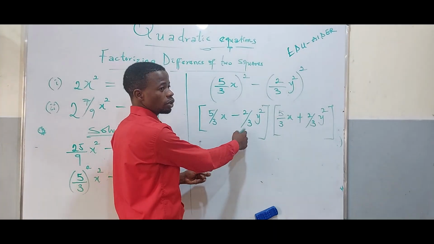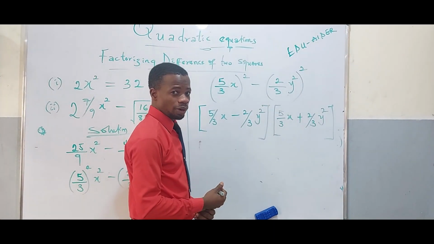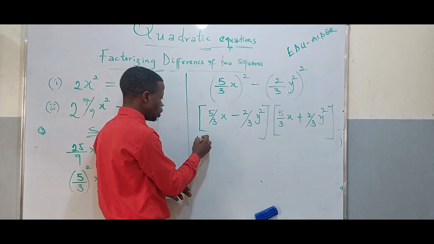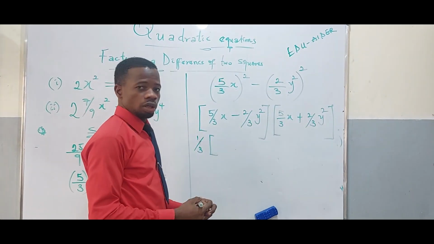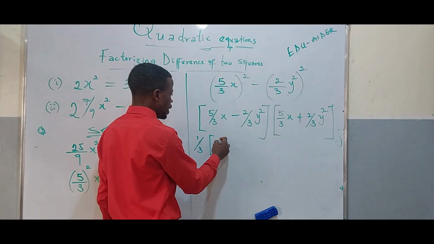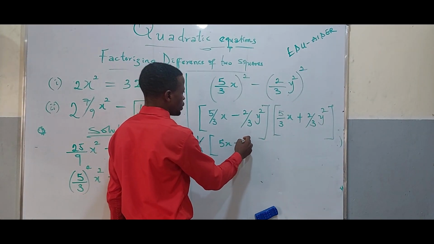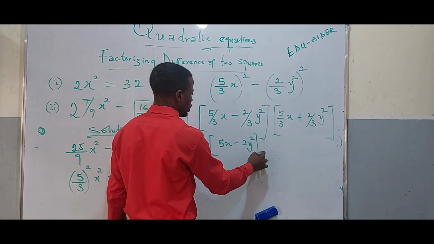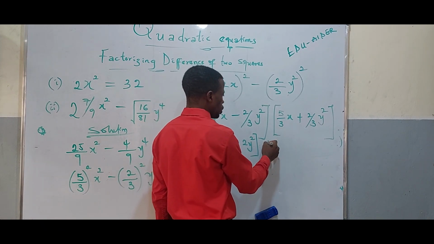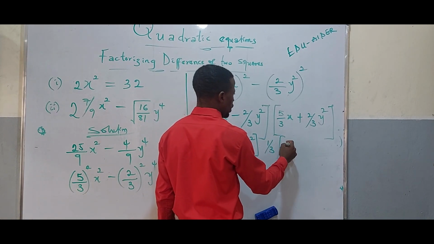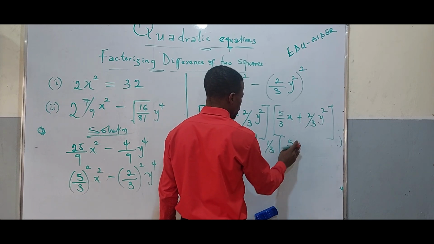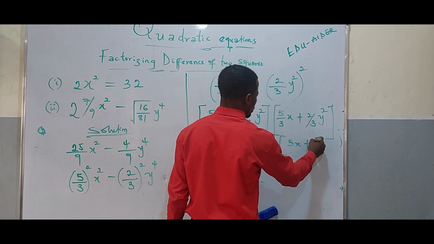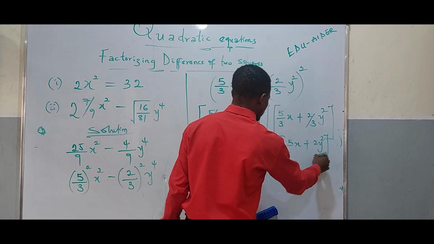Something is common to the denominators in the first and second brackets. So we are going to factor out 1 upon 3. That's what is common, 3 are the denominators. Then we have 5x minus 2y squared, right? Then 5x plus 2y squared.